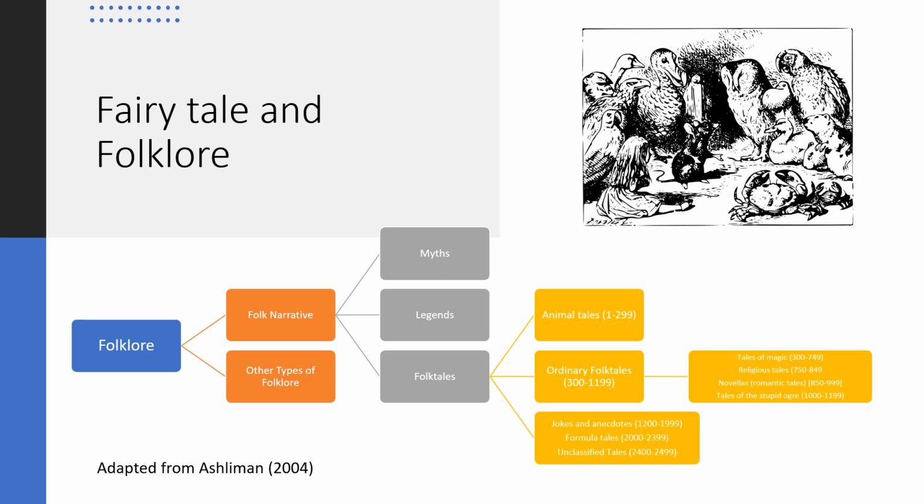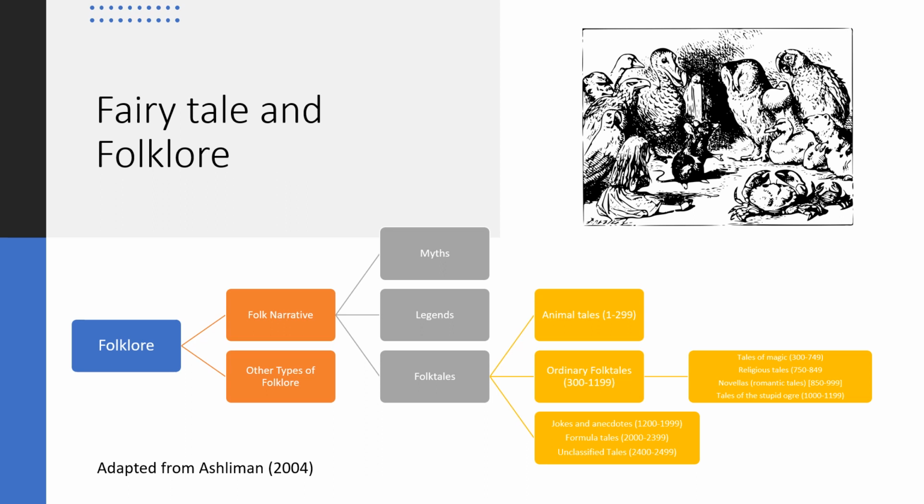By now, you are probably wondering why fairy tales seem to share some similar characteristics with other kinds of tales that you might have encountered or read, such as legends or myths.